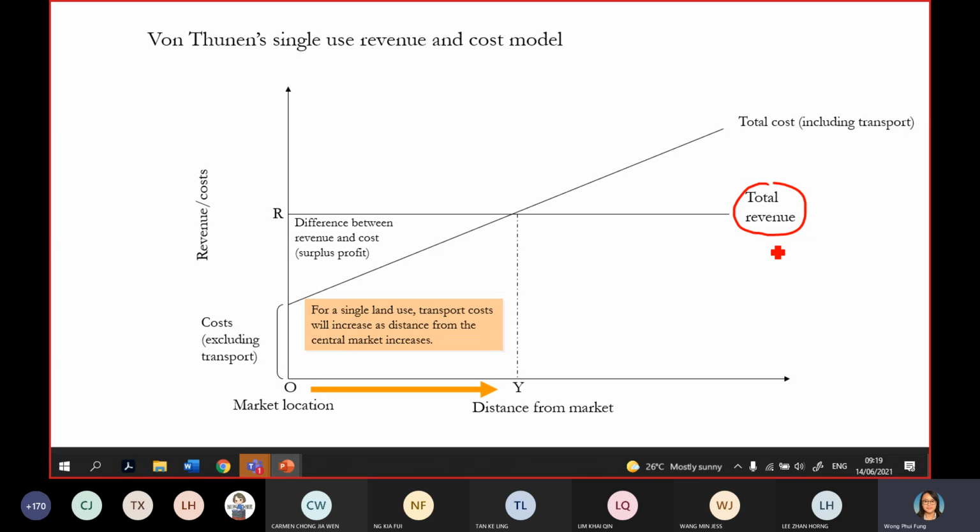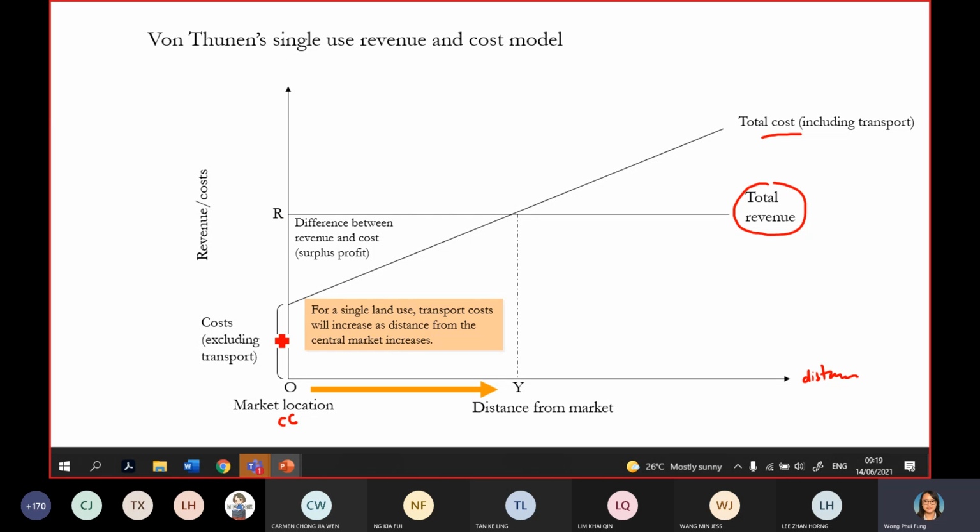But when we deal with a graph in economics with X and Y, we can always assume that total revenue received is constant, ceteris paribus. This one is the total cost including transportation cost. So you can see the total cost increases. The x-axis is the distance from the market. Market here, as I told you, O is the city center, the market location.